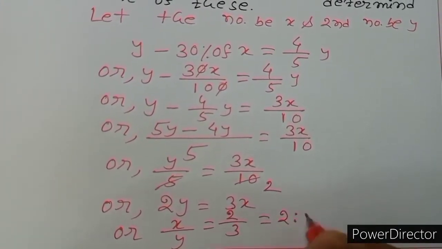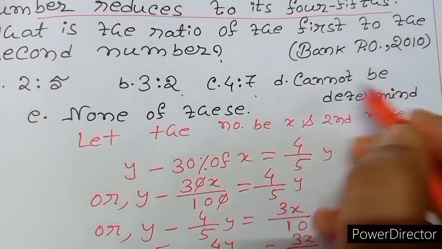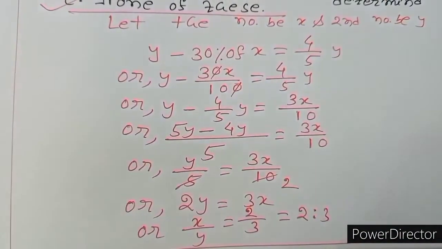Means 2 is to 3. The options were 2 is to 5, 3 is to 2, 4 is to 7, none of these, so the answer is 2 is to 3.